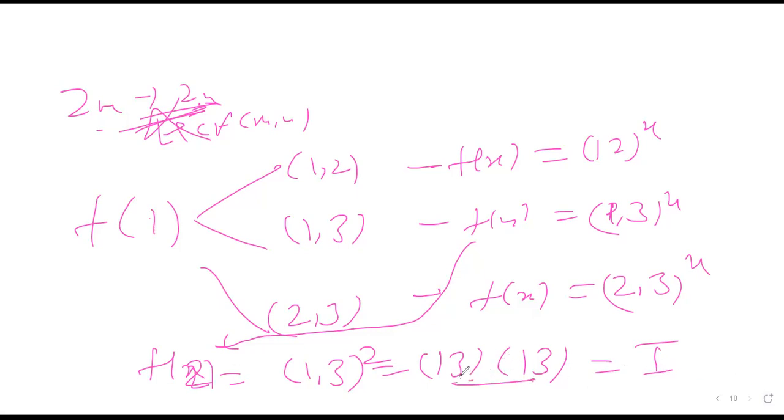But anyway, this is of order 2, so its square will be identity. (1 3) squared will be identity, because any transposition, that is a 2-cycle, has order 2. Don't need to multiply, though you can check also. So these are the 3 permutations. But in total, we have counted 4 permutations: 1 identity permutation and these 3 permutations.